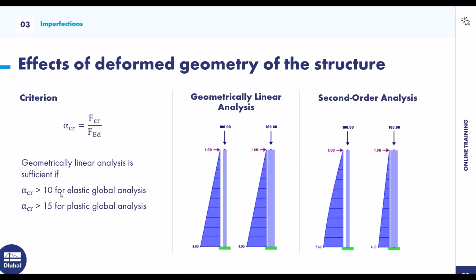If alpha crit is larger than 10, then it's sufficient to apply the geometrical linear analysis for an elastic design. And if you want to do a plastic design, and alpha crit is larger than 15, then you can also design according to the geometrical linear analysis.